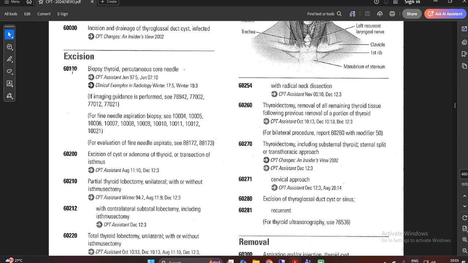If it is tissue, you can code 60100, and your keyword will be core needle, not fine needle. If the documentation contains core needle, you need to use 60100. If the documentation contains fine needle or FNA, you need to code from the integumentary system. So that is the key thing you need to remember.